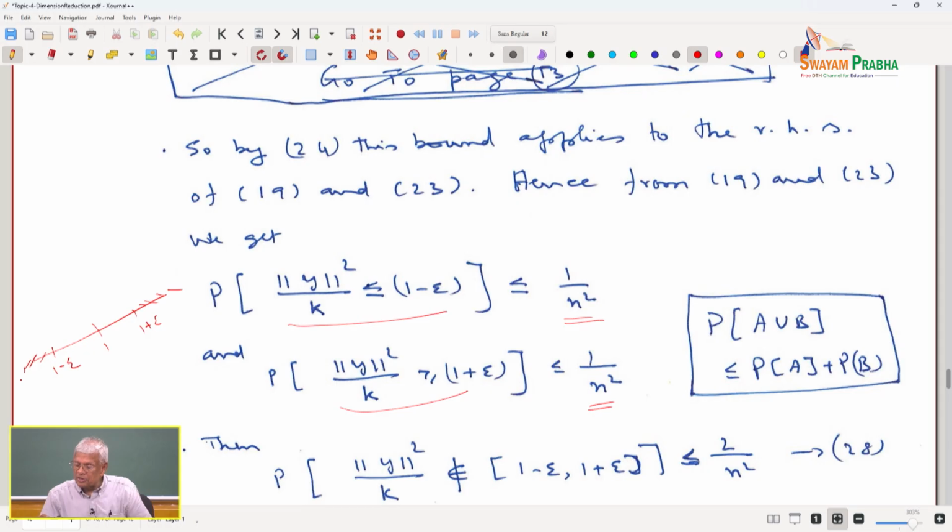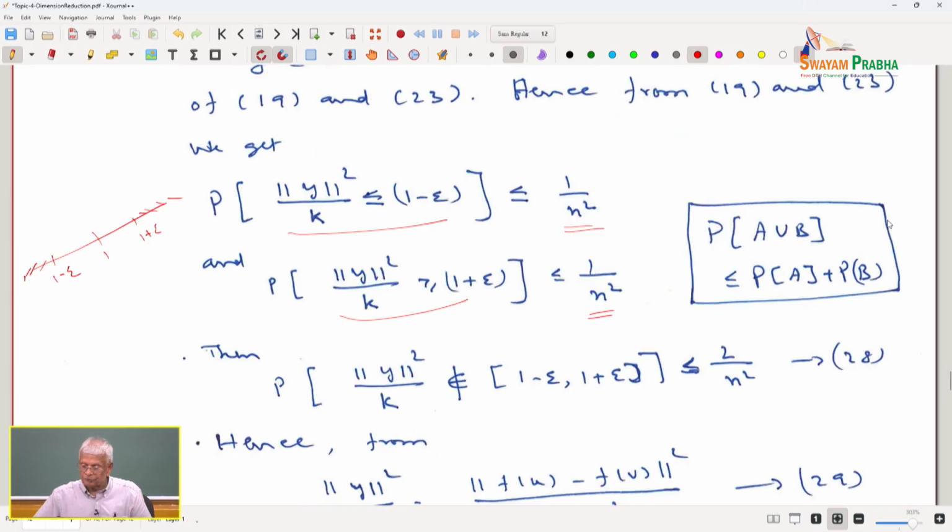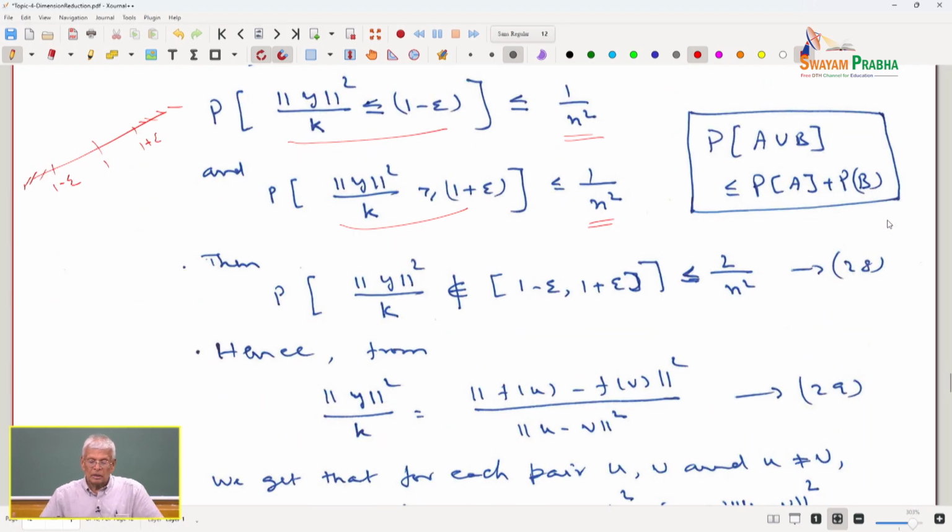There's a theorem in probability theory that the probability of the union of A and B is less than or equal to probability of A plus probability of B. So by applying that, the probability that the ratio does not lie in here, meaning it lies outside of that, is the sum of the two, by applying this rule.